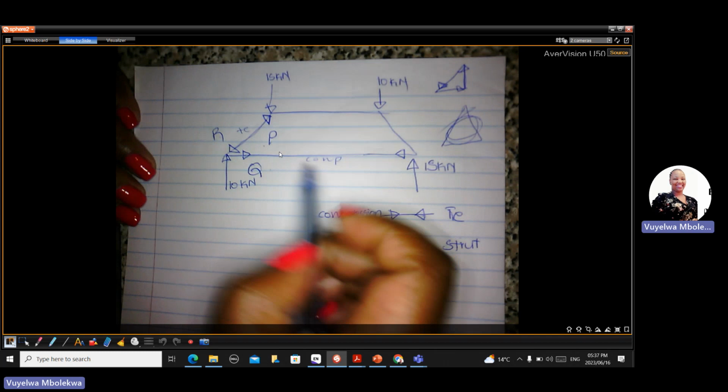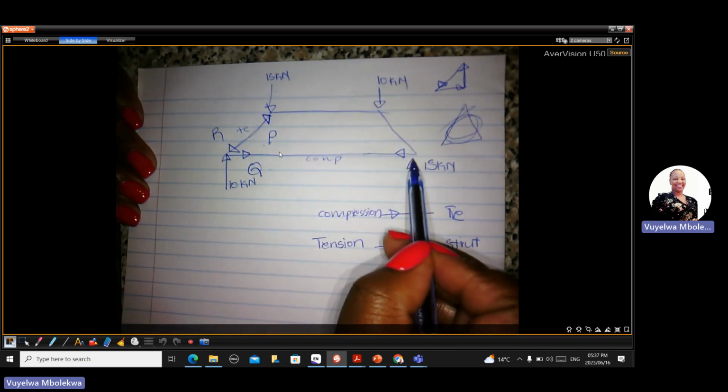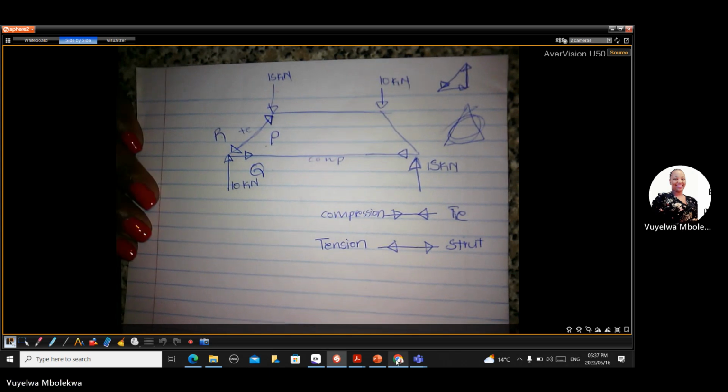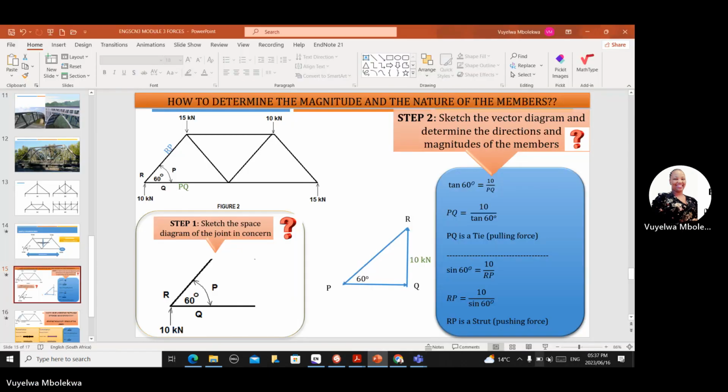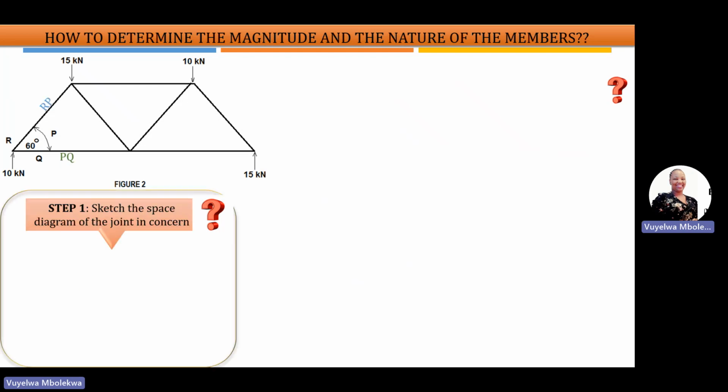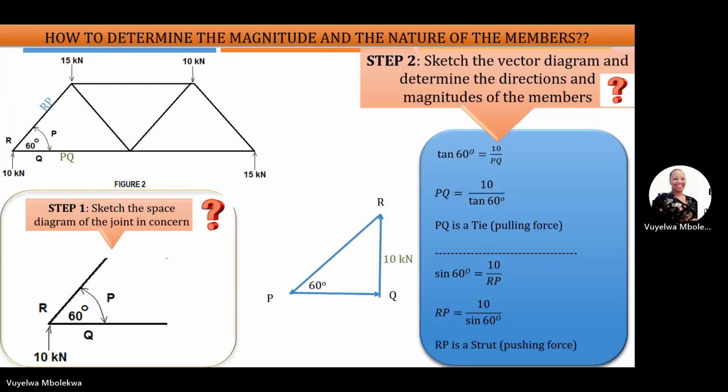So a member always has a two-way force, unlike that one which is just upward. It's got a two-way force like that. So that is how you calculate your strut and your tie, your members.